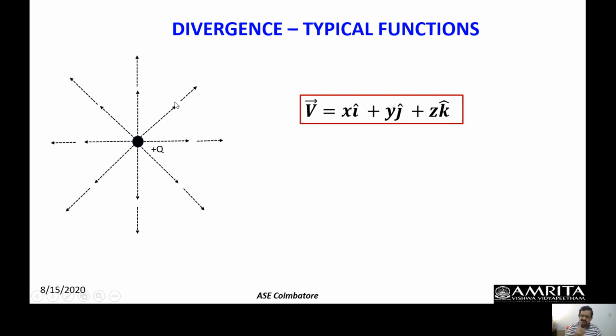Remember, a vector function has both magnitude and direction associated. Therefore, in this case, it's a radial function because it is spreading out radially. So in Cartesian coordinate system, it will be x i hat plus y j hat plus z k hat.